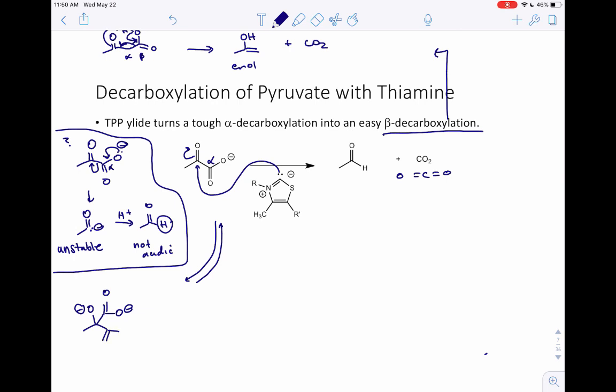So remember that this reaction is happening facilitated by an enzyme, by a large complex of enzymes. And that enzyme is holding these molecules in it, mostly by hydrogen bonding and then also by the shape of the enzyme. So there's an enzyme here that actually donates a proton to these electrons.